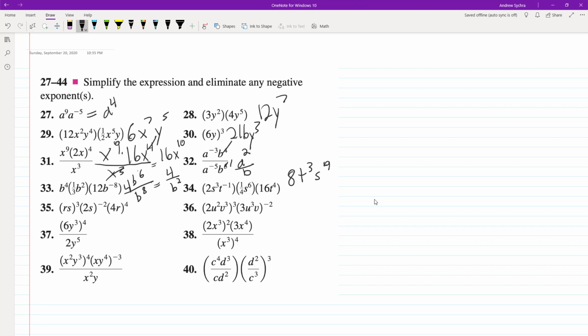All right, so over here, r cubed, s cubed. Same thing as having them on the bottom, so that's pretty much going to cancel out. So it's going to be 4 to the 4th, which is equal to 256.